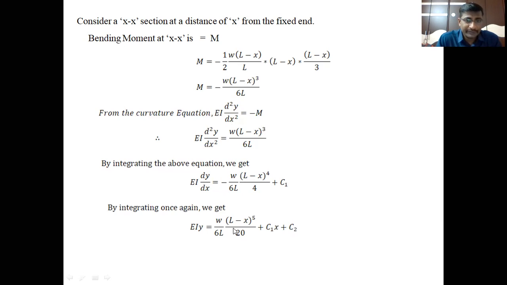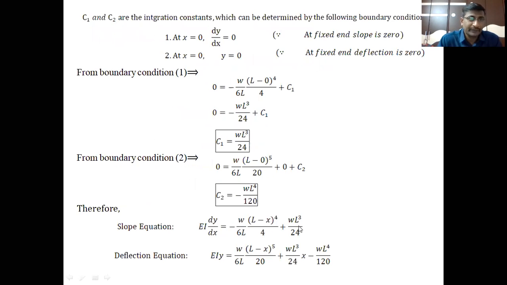These are the 2 expressions to calculate the slope and deflections, including C1, C2, the integration constants. How to eliminate these? How to replace the C1, C2 values? By using boundary conditions for the given beam. So C1, C2 are the integration constants which can be determined by the following boundary conditions. What are the boundary conditions for a cantilever beam?